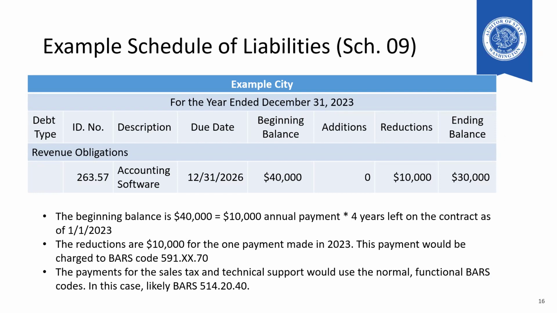The payment for the sales tax and technical support would be coded to the normal functional BARS codes, which basically just means do not use the 591 debt codes. In this case, the city would probably use BARS code 51420, which is the financial services BARS code. You'll want to review your chart of accounts to select the right code for you, or you can submit a help desk and we'll help you with that.